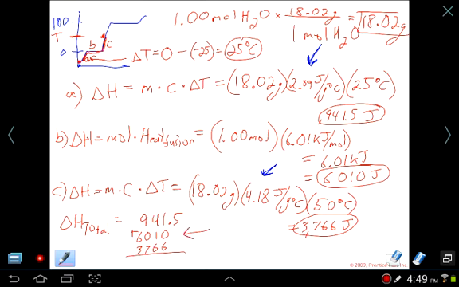Really the biggest number out of all of these is the melting, which makes sense. So if we add those up, we get 10,717 joules, which in kilojoules, since we have three significant figures for our numbers, we'll say 10.7 kilojoules. This would be essentially our final answer, depending on the unit that we're asked about, but 10.7 kilojoules.